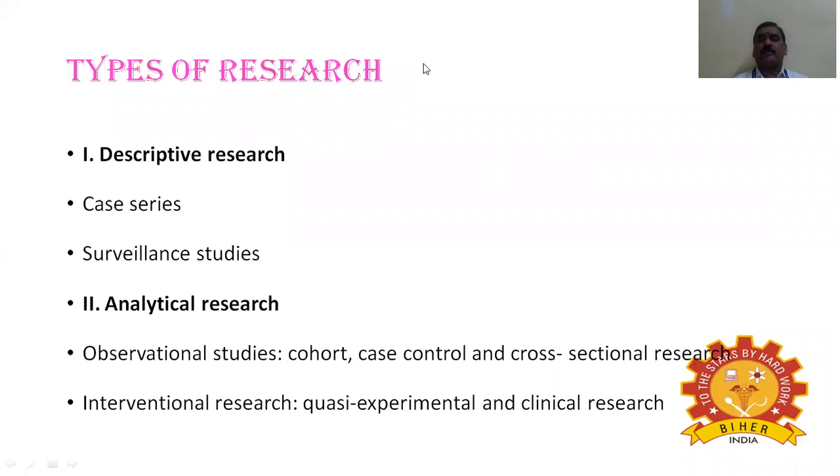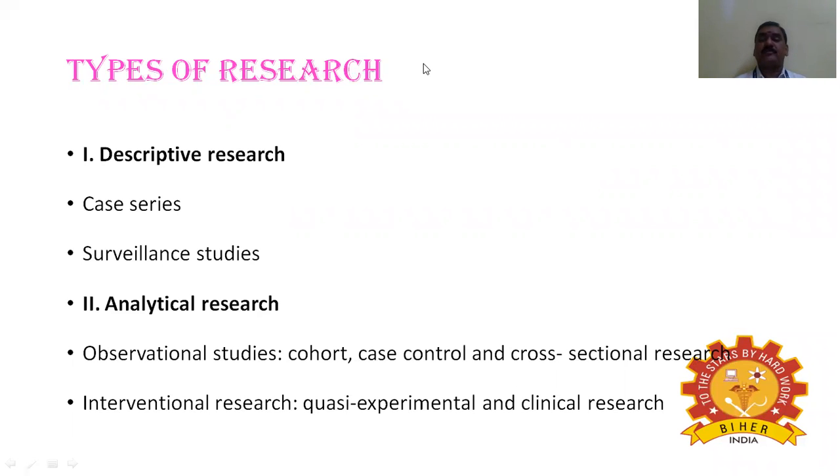Next, the types of research. Number one, descriptive research. Descriptive research includes case series and surveillance studies. Number two, analytical research. Analytical research consists of observational studies, cohort studies, case control studies, cross-sectional research studies, and second, the interventional research.